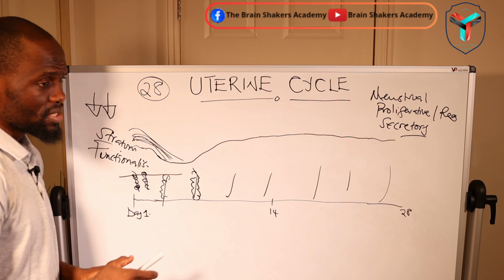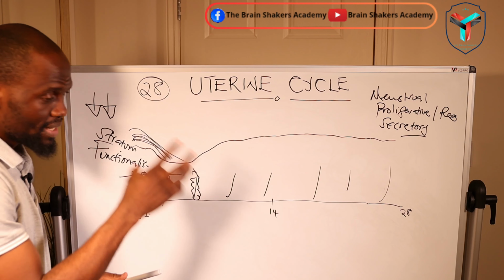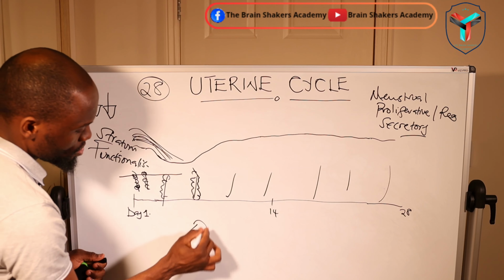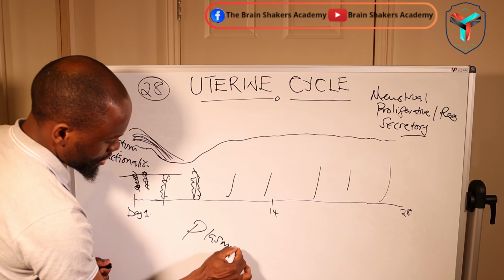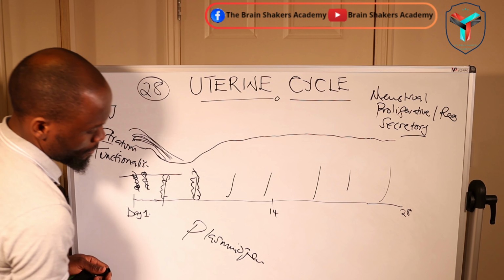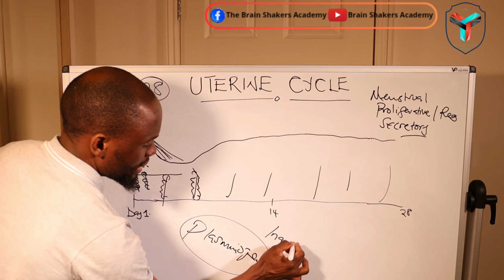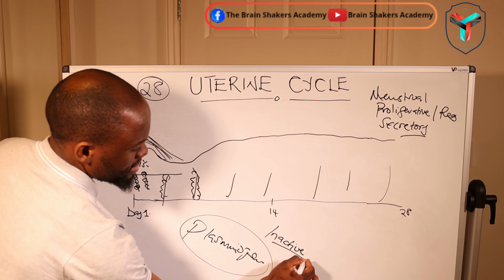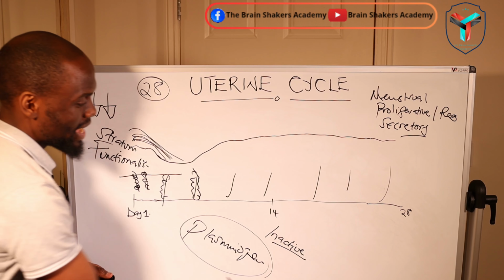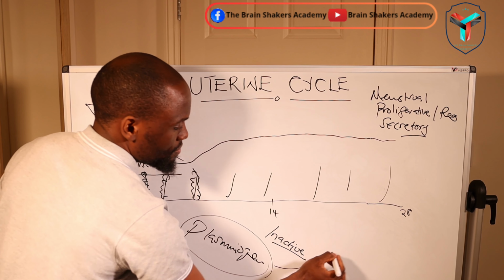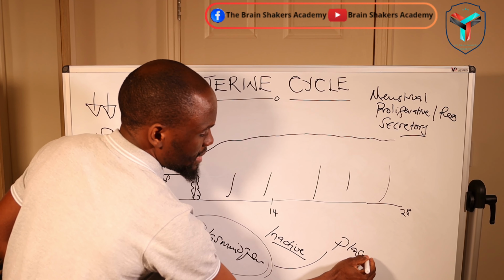Now, regarding the bleeding itself, if clots do occur, there is an element within the system known as plasminogen. Plasminogen is in an inactive form, but has to be activated to an active form, which is known as plasmin.